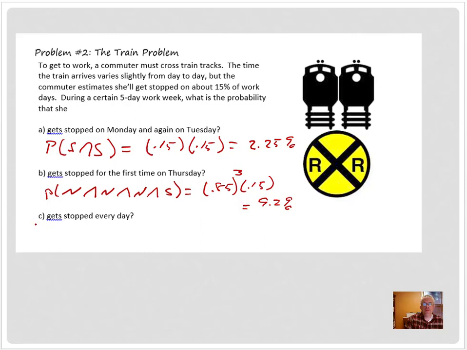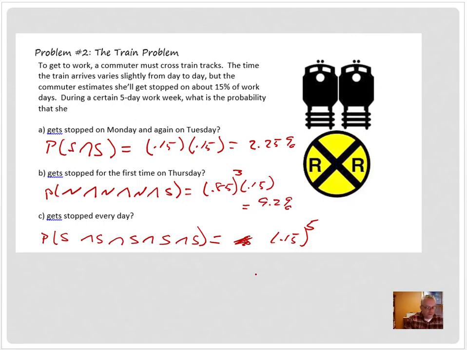Uh-oh, what's the probability she gets stopped every day, Monday through Friday? So that's stopped Monday, stopped Tuesday, stopped Wednesday, stopped Thursday, stopped Friday. Well, we'd have to multiply 0.15 times itself 5 times. That'd be 0.15 to the 5th.